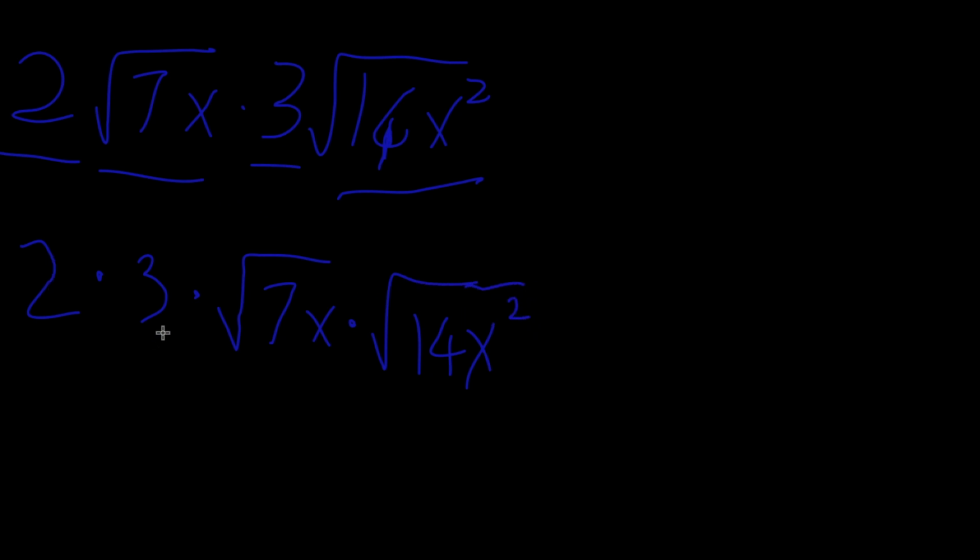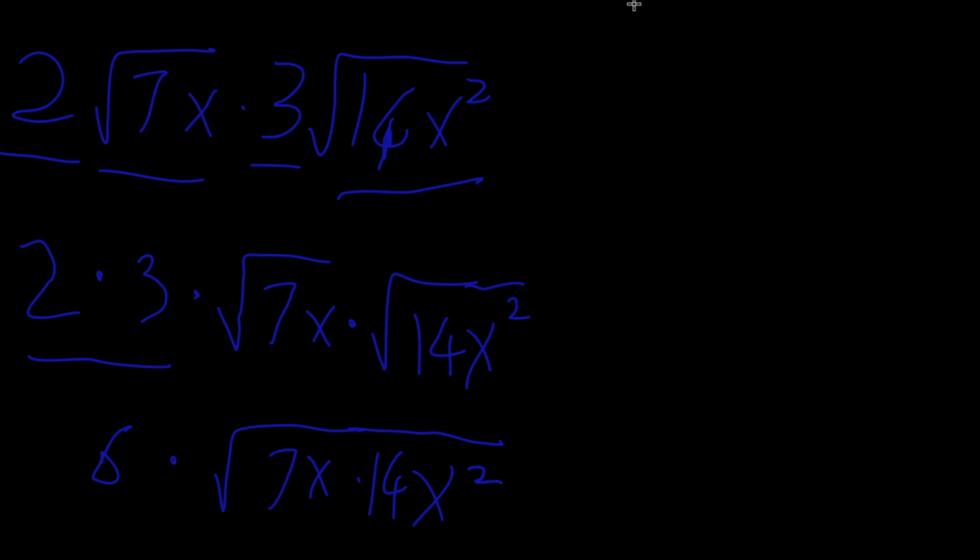And the reason I did this is because it looks easier. We can write down 2 times 3 is 6, and we can multiply by 7x, and we can put everything under the radical, times 14x squared. And now what we can do is factor out everything.